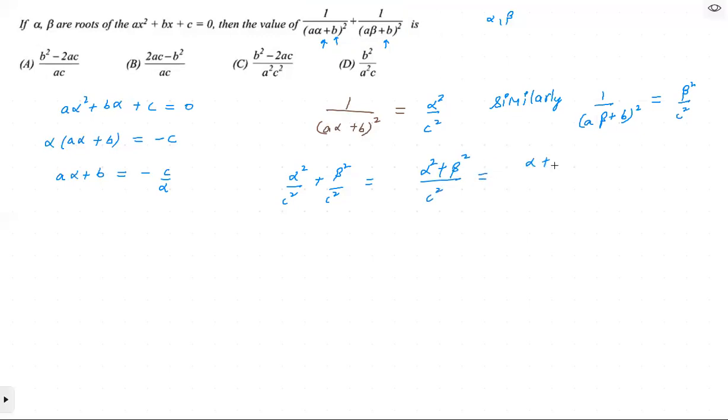This can be written as (alpha plus beta) whole square minus twice of alpha beta, divided by c square. We know alpha plus beta is the sum of roots, so we can write this as (minus b by a) whole square minus 2 times alpha into beta, which is c by a. Now this whole divided by c square.